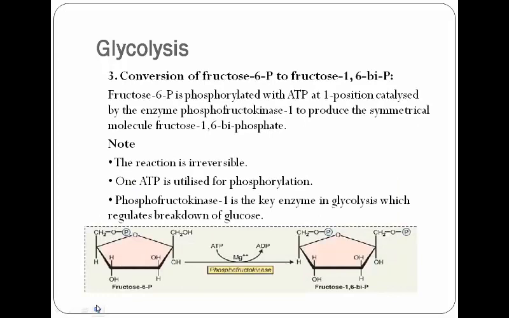The third reaction of glycolysis is the conversion of fructose 6-phosphate to fructose 1,6-bisphosphate, because one more phosphate group is attached to the fructose molecule.